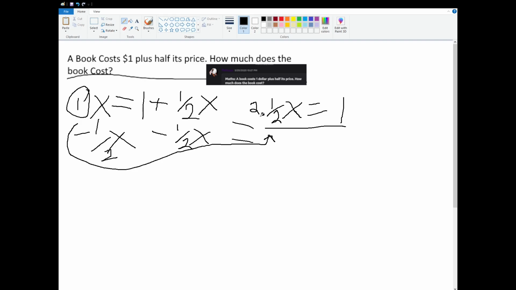So 2 over 1 on both sides, because whatever you do to one side, you have to do to both. So now we have X equals 2. Alright, so that's how I solve this one.